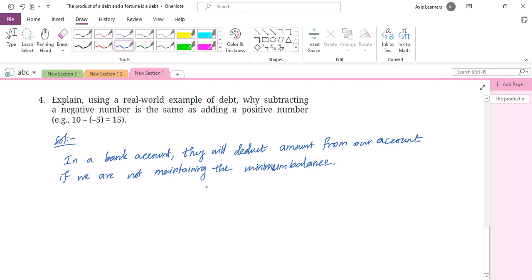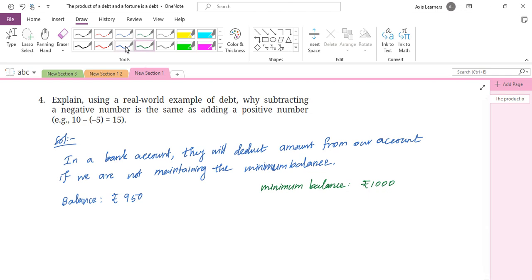But a few accounts are zero balance accounts. In this case, you can consider my bank account. In my account, 950 rupees balance was there. The minimum balance as per bank rule is rupees 1000. Now my bank balance is 950, which is less than 1000.